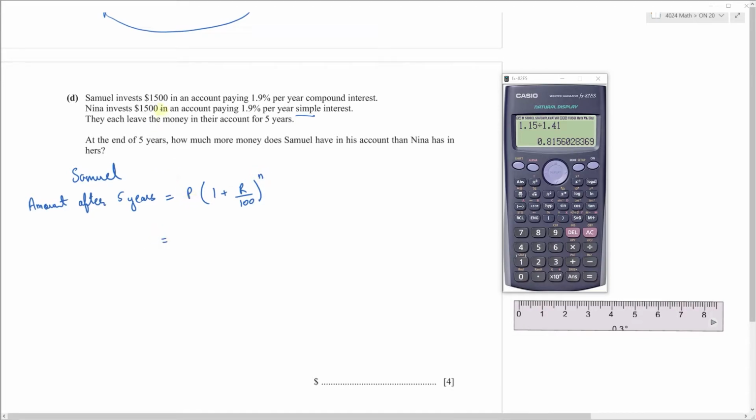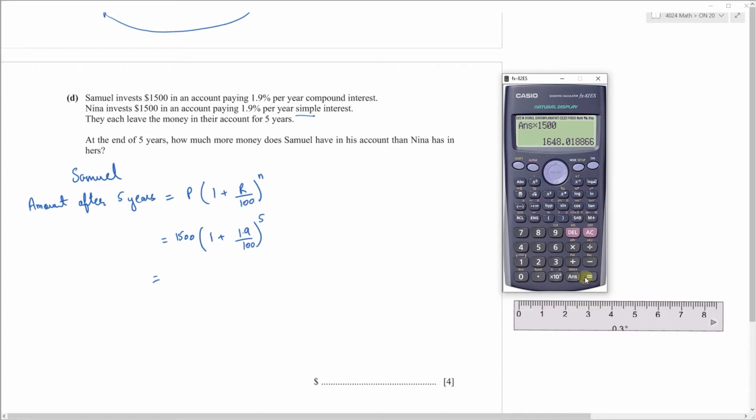So your principal amount is 1500. 1 plus rate is 1.9 divided by 100, and the time is 5 years, so power 5. So 1.9 divided by 100 plus 1, and this to the power 5, and then multiplied by 1500.